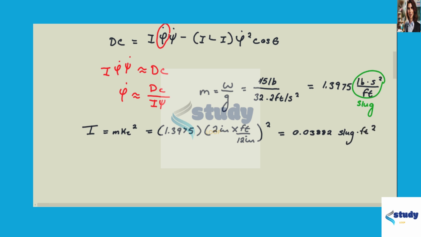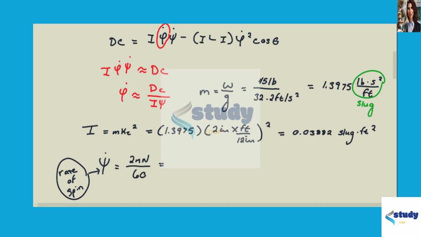And now we can express your capital Phi, which is the rate of spin, as 2 pi n over 60. So this is your rate of spin, okay? Here we go.